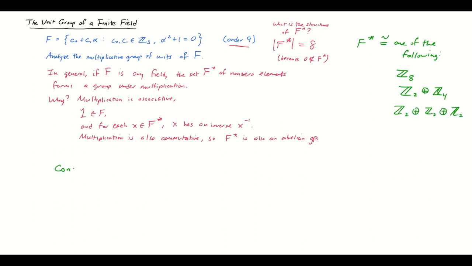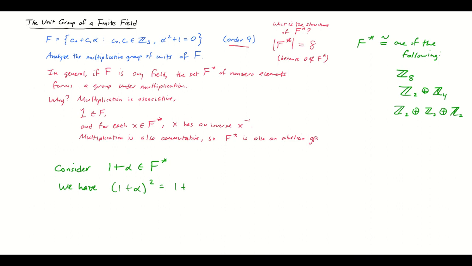Okay, so let's use a less familiar element then. Let's consider 1 plus alpha. That's certainly an element of F star. It's non-zero, and we can just start taking powers of it. So let's try taking the second power, just to verify whether that ends up being 1.